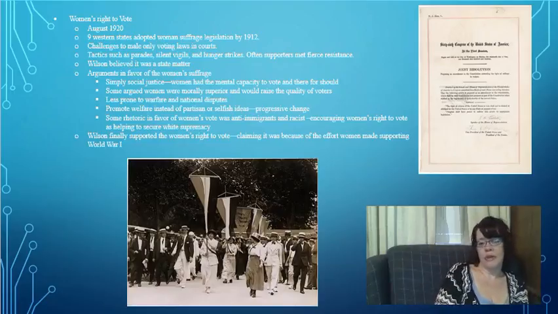So some argued that women were morally superior and would raise the overall quality of voters. Another idea that comes out of the 19th century is that women are the guardians of the domestic moral sphere of their home, and a belief that women were morally superior to men. I think we can see echoes of that still today in the way some people view women.